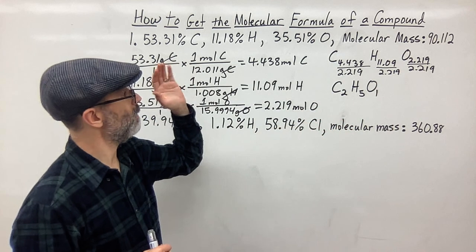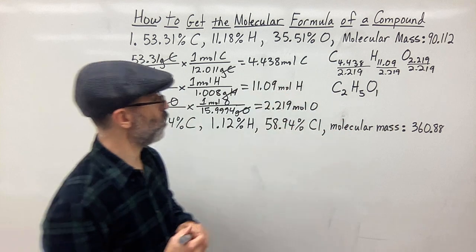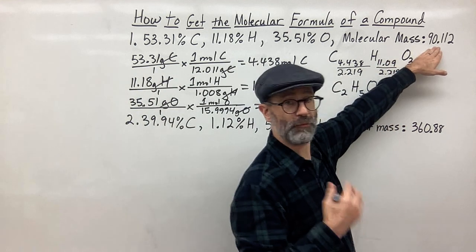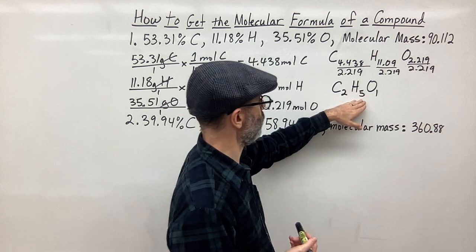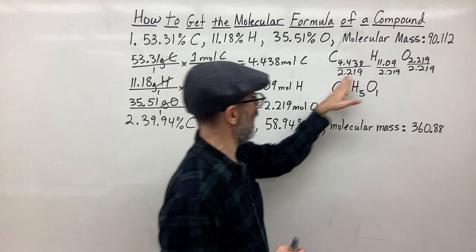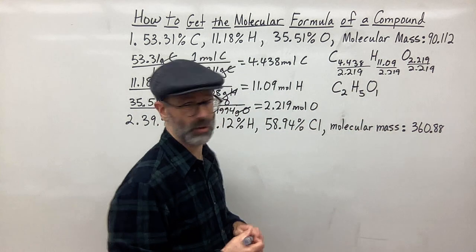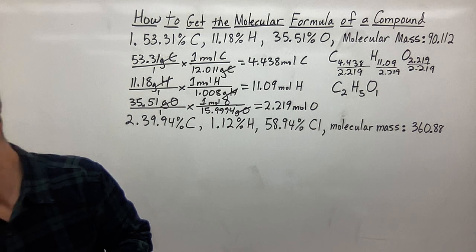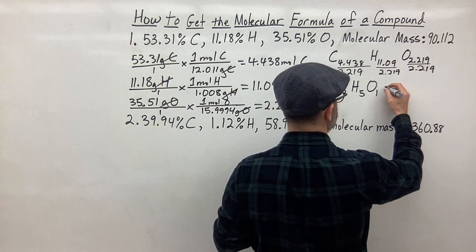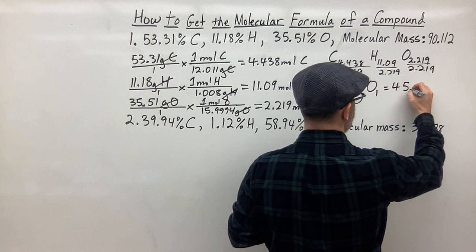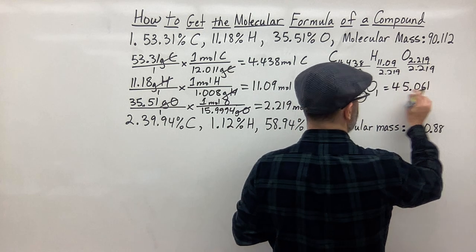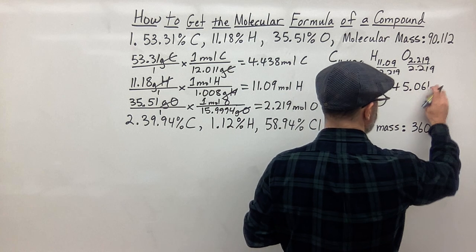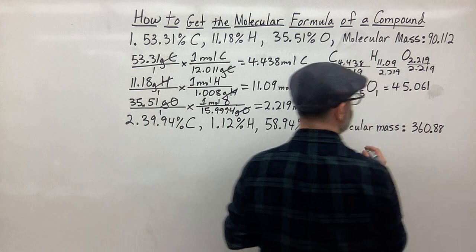But I want the molecular formula. So what I need to do is compare the molecular formula mass to the empirical formula mass. When I add these together to get the empirical formula mass, I get 45.061 grams per mole, or whatever unit you want to use. It doesn't matter because we're going to compare the two, right?